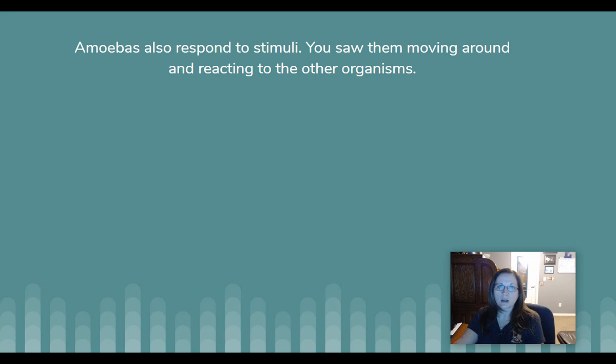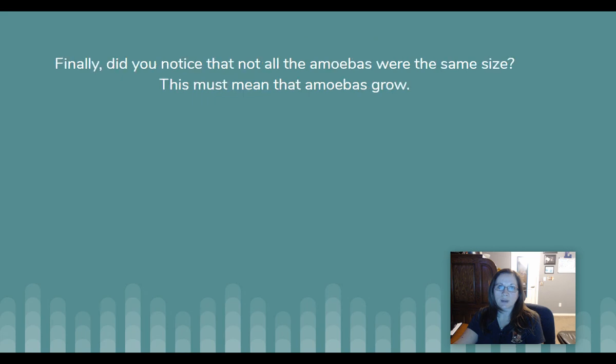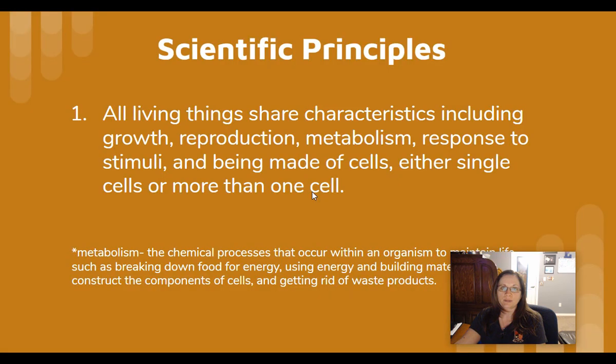So they were responding to stimuli, which is also another characteristic of living organisms. And finally, did you notice that not all the amoebas were the same size? That must mean that amoebas grow, right? So the ability to grow is also a characteristic of living organisms.